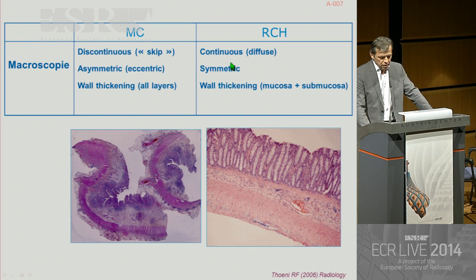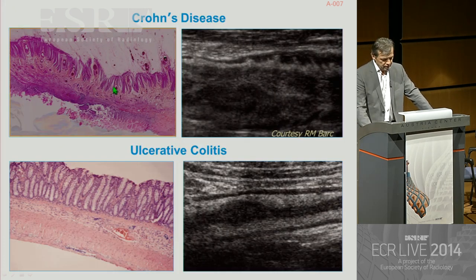In contrast, ulcerative colitis is a continuous disease with symmetric involvement, and the thickening of the wall involves the mucosa and the submucosa. And that's the ultrasonic pathology correlation in Crohn's disease and ulcerative colitis.